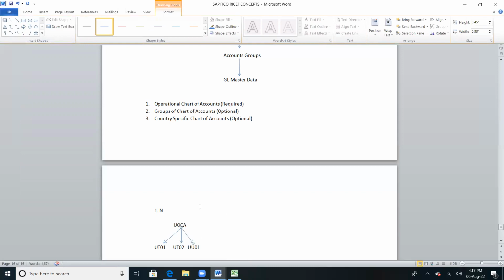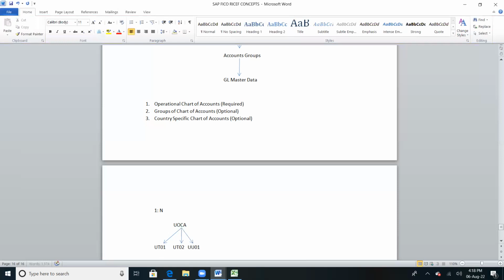Next, we have another methodology, 1:1 methodology.